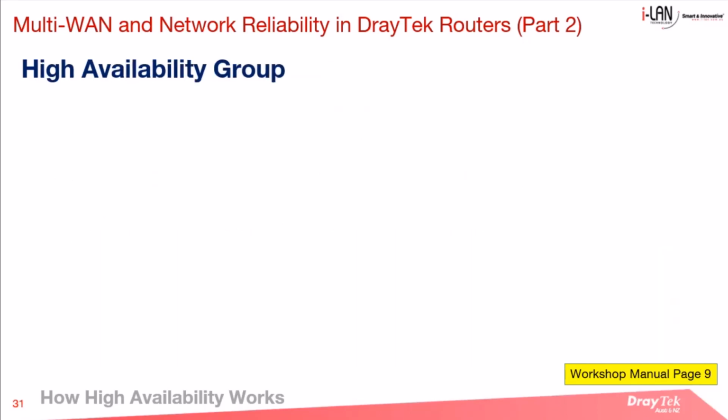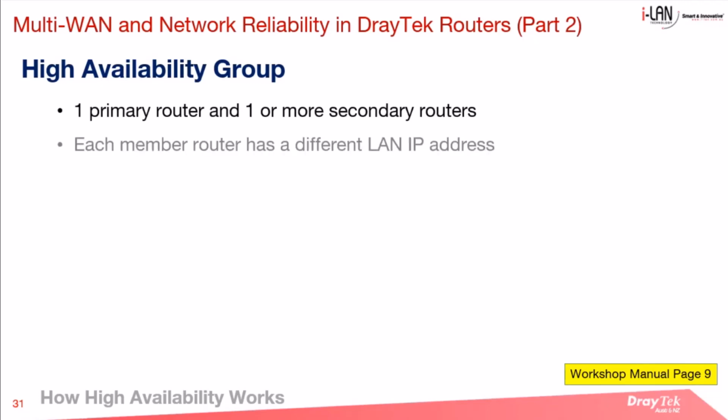As mentioned, routers need to be set up as a high availability group. This will consist of at least one primary router and one or more secondary routers. Each router within the group will need a different IP address, but they will share a common virtual IP address.